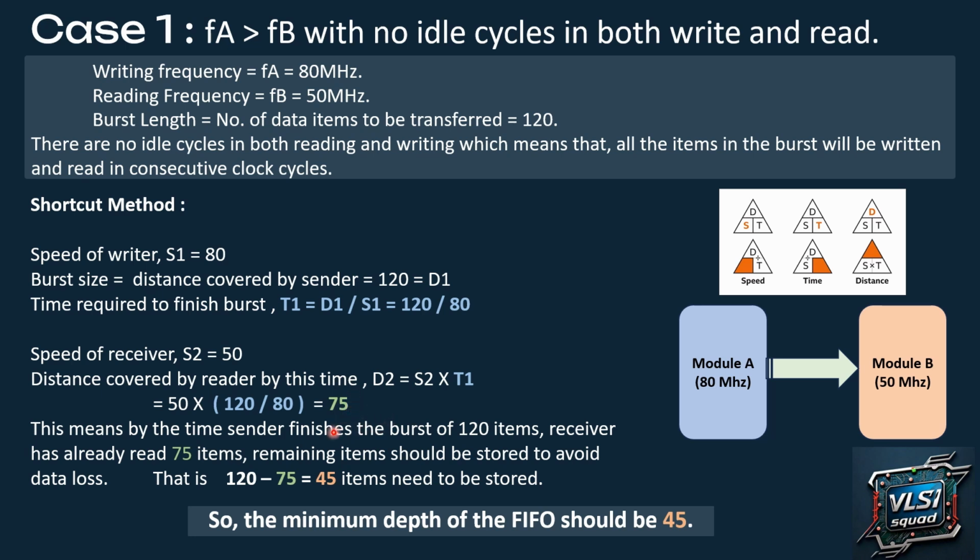That means the receiver was able to receive 75 data items, and the sender is sending a total of 120 data items. So the remaining data items should be stored in our FIFO. That will be 120 minus 75, that is 45 data items that need to be stored in our FIFO. So this will be the FIFO size or depth of the FIFO.